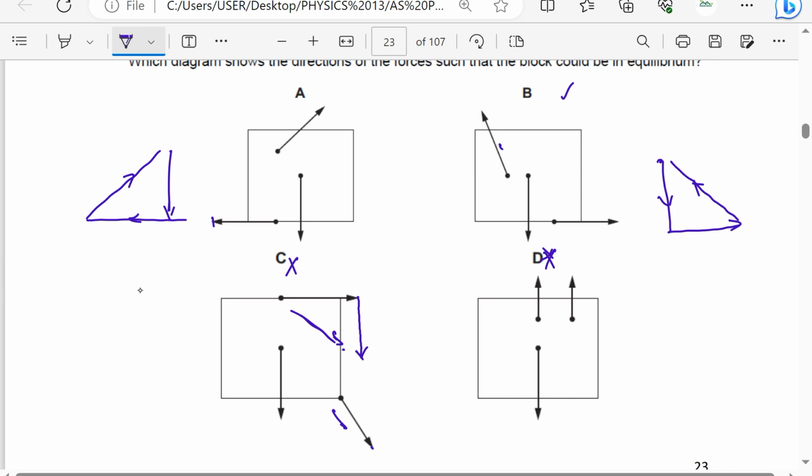So now here, if you have a ruler, you can check the magnitudes. You measure the magnitudes, draw a closed triangle and check if you get a closed triangle, but most likely the answer is going to be B. From my judgment, I think the answer is going to be B, because these ones are also forming a closed triangle when you join head to tail.